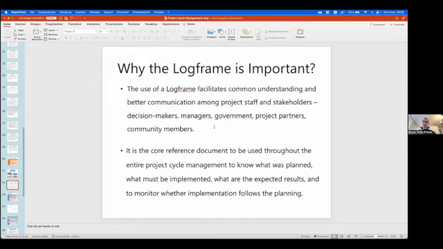So it is a very powerful communication tool, and it should be a dynamic tool during the realization of the project. So it's something that we keep, we continue referencing during the project realization.